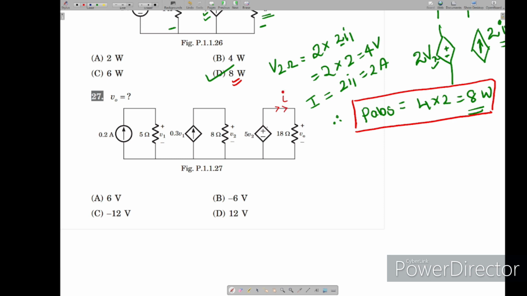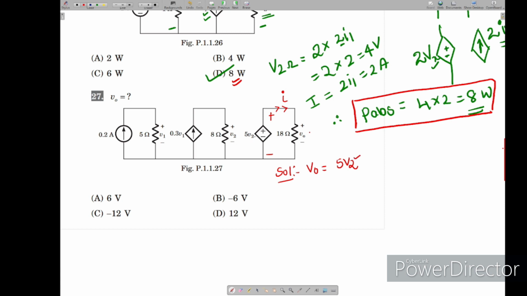Or directly, if you know this V2, this V naught is nothing but, I will write the solution here. V naught is 5 times V2, so we should know V2.